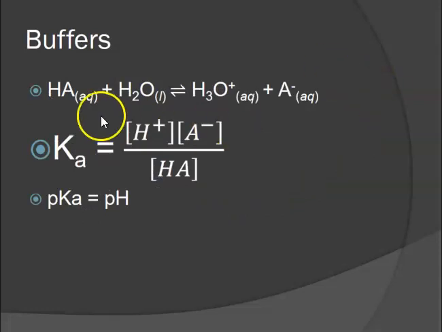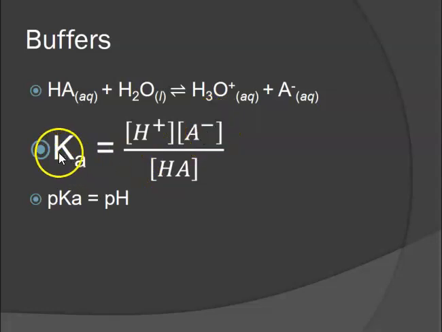So we go to our handy dandy dissociation equation, just our generic one. We take an acid, put it in water, we get hydronium and A minus. Here's our Ka expression. And what I told you a second ago is for a buffered solution, we're going to have equal concentrations of the conjugate base and the acid. So this is the same, so that goes away. It doesn't matter what they are, they go away.